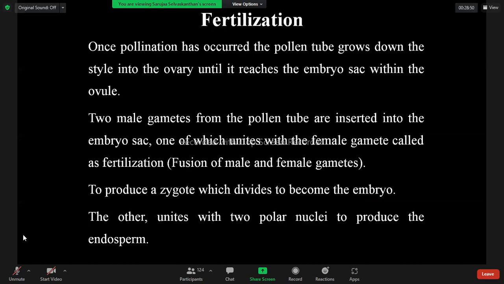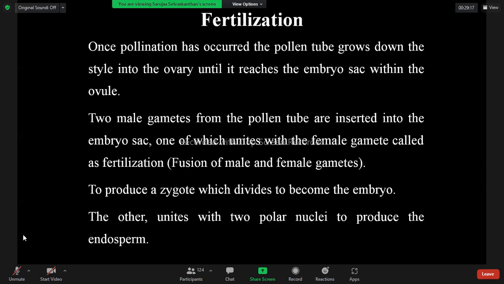Fertilization. After pollination, fertilization has to be done automatically, right? Once the pollination has occurred, the pollen tube grows down through the style towards the ovary. Once pollination is completed, the pollen starts to grow, and the pollen tube develops from that.